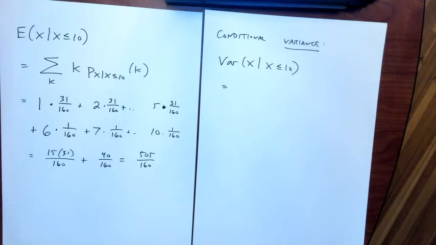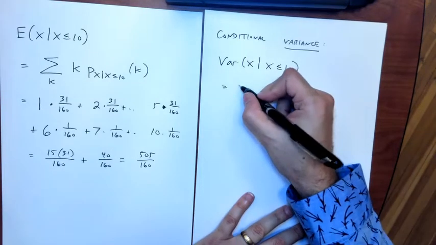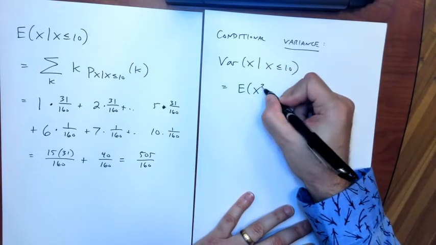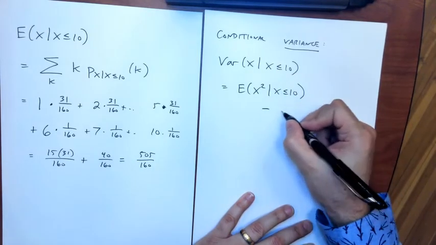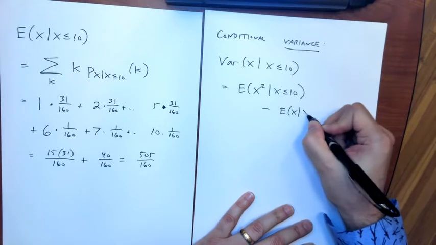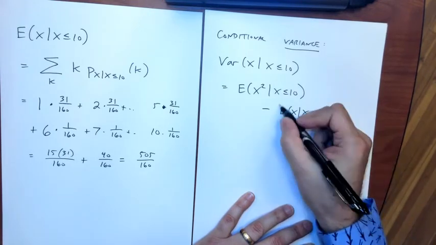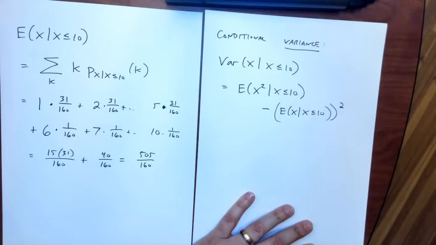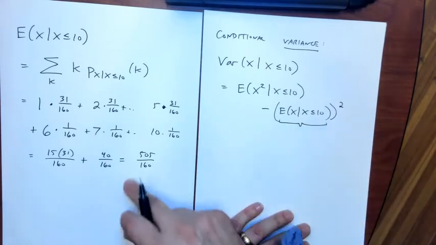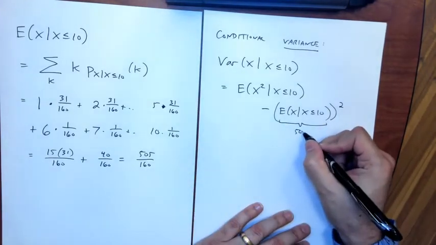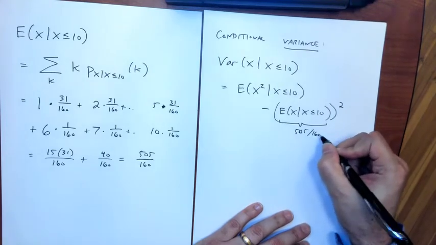The definition of variance is it's the expected value of x squared minus the expected value of x squared, right? We already computed this from over here. This we already know to be whatever this number is.